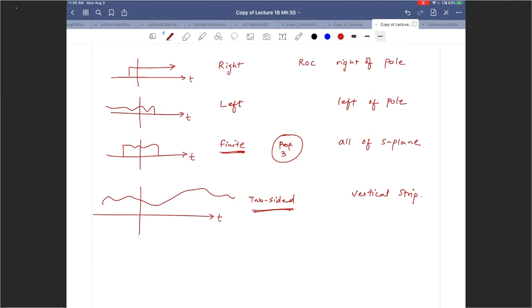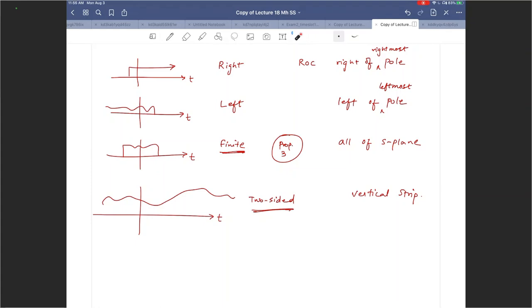Now, when you have a right-sided signal, the ROC will be to the right of the rightmost pole. And if you have a left-sided signal, the ROC will be to the left of the leftmost pole. If you have a finite duration signal, then the ROC will be all of S-plane, and we talked about that.